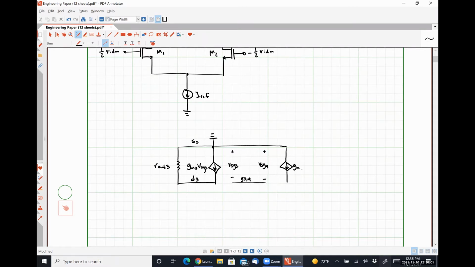We'll have gm4 VSG4 in parallel with our Rout4. That transistor is tied to VDD, so this guy is S4. This guy is D4, and our PMOSs are pretty well defined here.